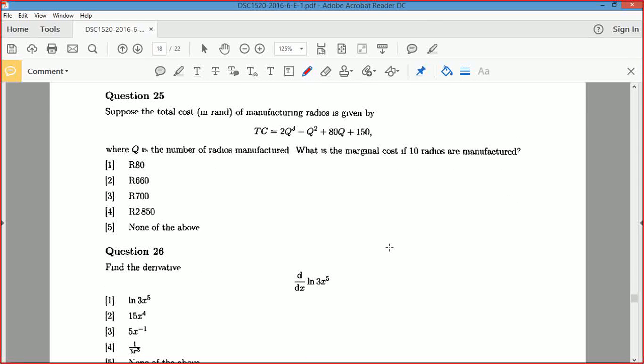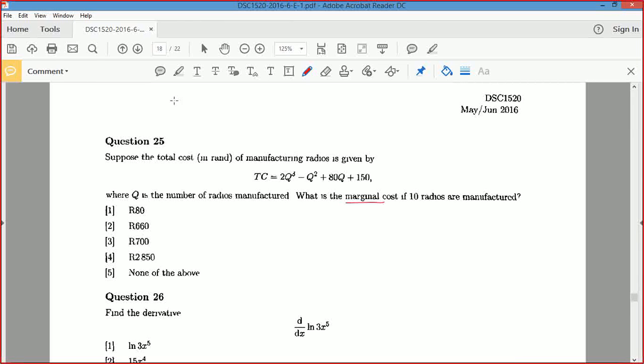Question 25, what do we do? What is the marginal cost if 10 radios are manufactured? So marginal cost comes from what? The derivative of the total function.